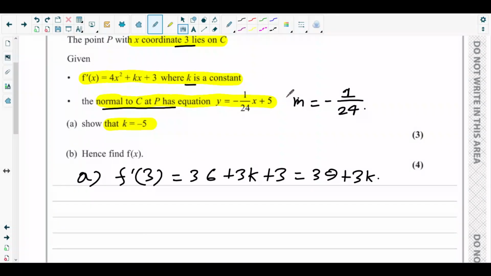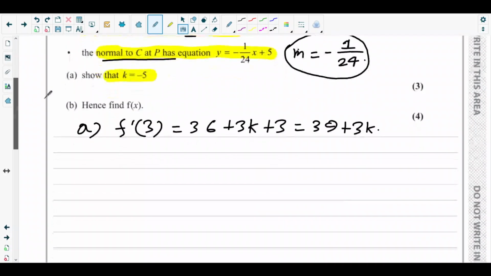So the gradient of the tangent will be the negative reciprocal of that. We know that the tangent has the same gradient as the curve at the point where it meets the curve.